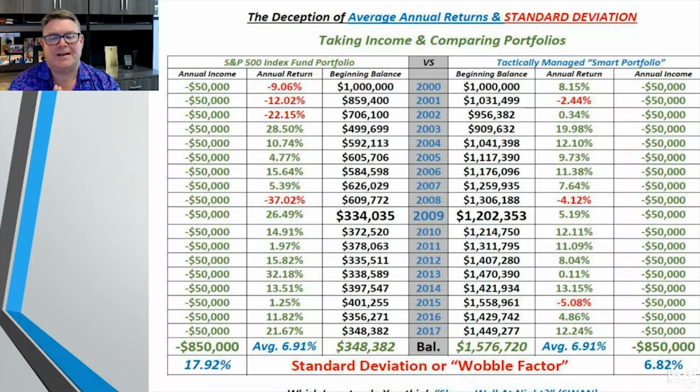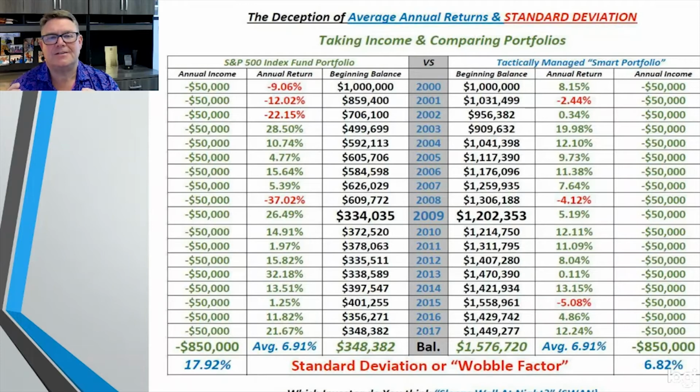You'll see that on the other side of the coin is a tactically managed smart portfolio, a portfolio where the risk is being monitored and checked on a monthly basis to help stave off big wild swings in our pendulum.